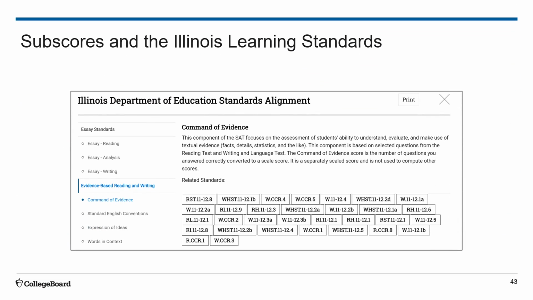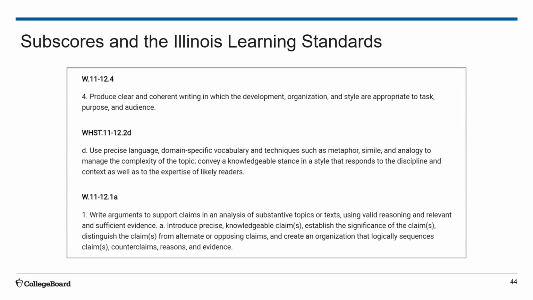After clicking on the See Standards button, the standards that are aligned to each subscore will be displayed. In the K-12 Assessment Reporting Portal, educators can click on any standard for the entire description. The standards can also be downloaded and saved as a PDF for more in-depth analysis outside of the portal.